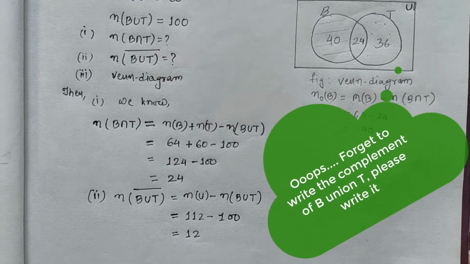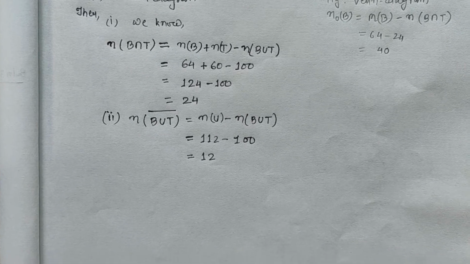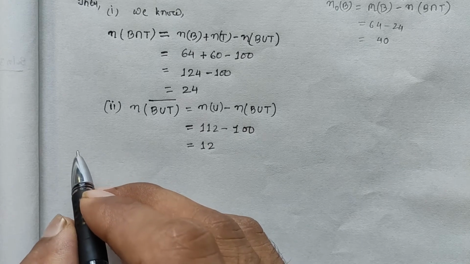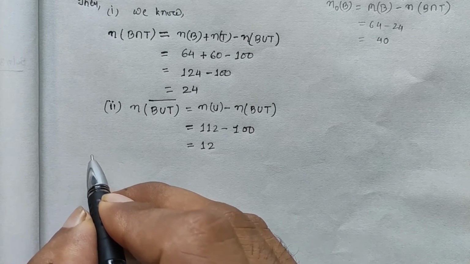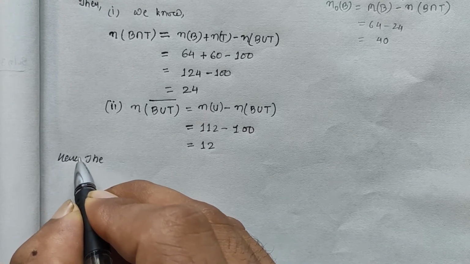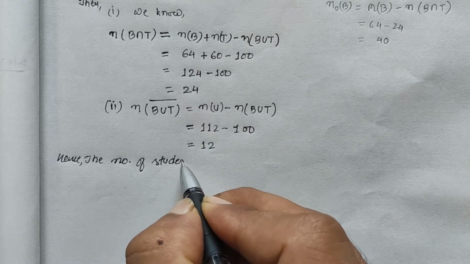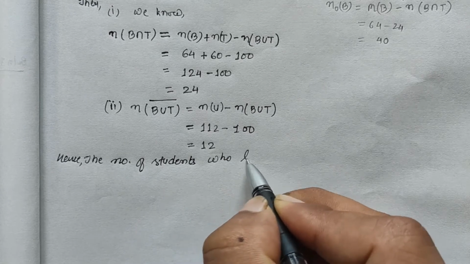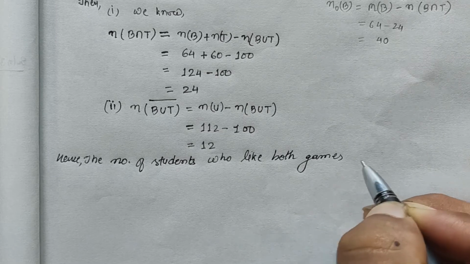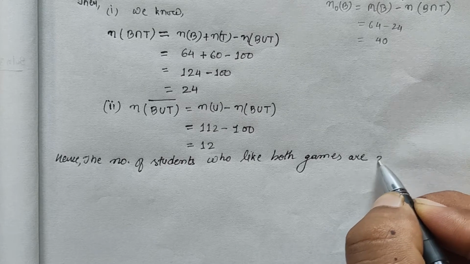Okay, so you have completed the question, and don't forget to write the conclusion part. In mathematics you always have to write the conclusion. So what is the conclusion? What you have found, you have to write in words. Hence the number of students who like both games is 24.